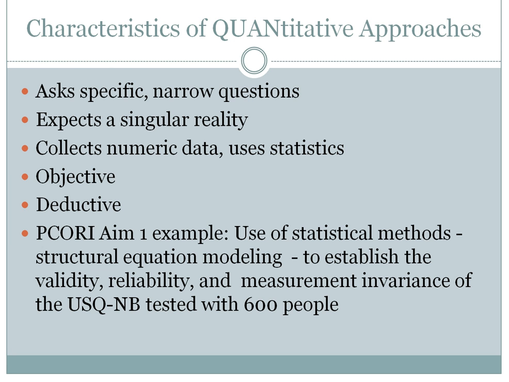Quantitative approaches have certain characteristics. In a quantitative approach, the questions that the researcher asks are very narrow and specific. And the researcher's expectation is that there is an answer to those questions, a single answer to the research question.